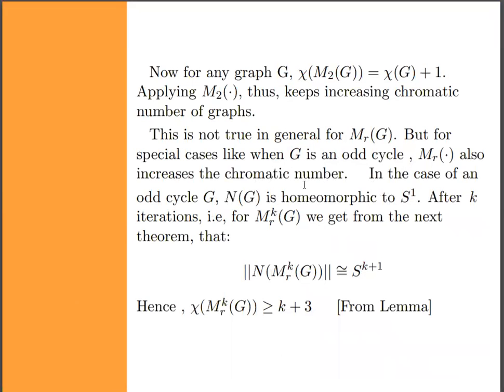That we can prove from the next theorem. Since the neighborhood complex is S(k plus 1), from the previous inequality we get that chi of this is greater than or equal to k plus 3, because S(k plus 1) here is k-connected. So applying MR k times will increase the chromatic number.